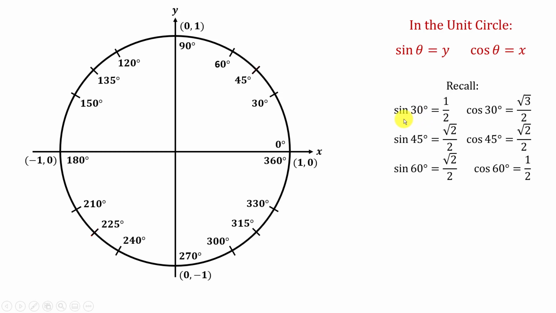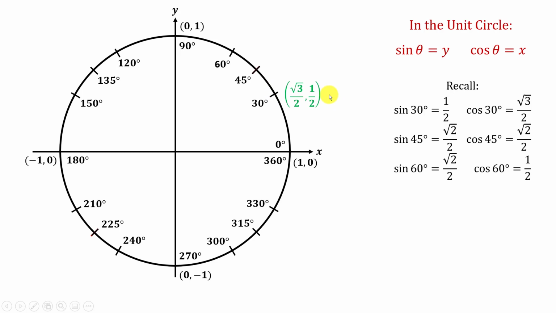If sine of a 30-degree angle is 1/2, that should correspond to the y-coordinate of the point on the terminal side of the 30-degree angle, meaning over here, right? That's the point. And we also know that cosine of a 30-degree angle is square root of 3 over 2. So that number should match the x-coordinate of that point. As I put this all together, that should be the ordered pair that we use to label this point over here, the point that sits on the terminal side of a 30-degree angle.